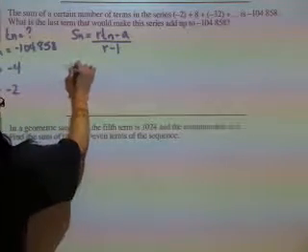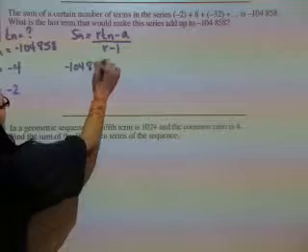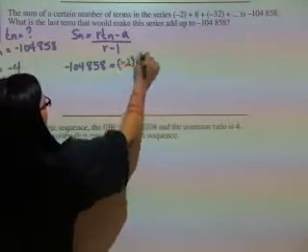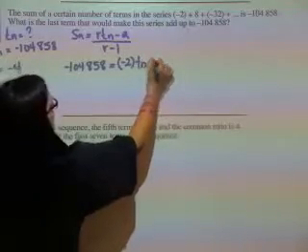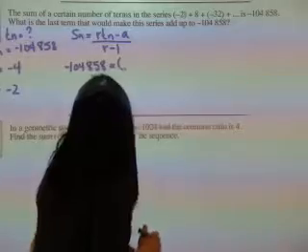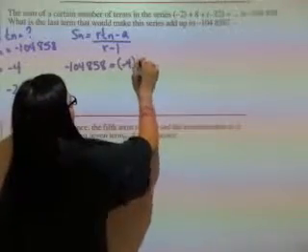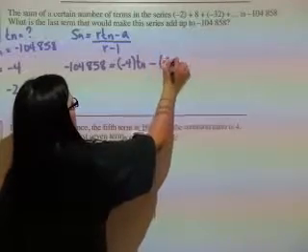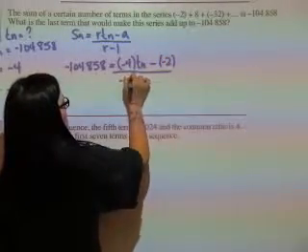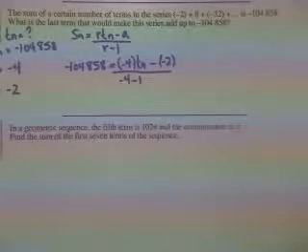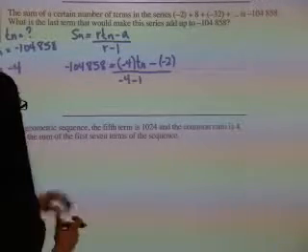So I get negative 104,858 equals negative 2 times t of n. Or sorry, not negative 2, negative 4 times t of n minus a negative 2, over negative 4 minus 1. So what is negative 4 minus 1?